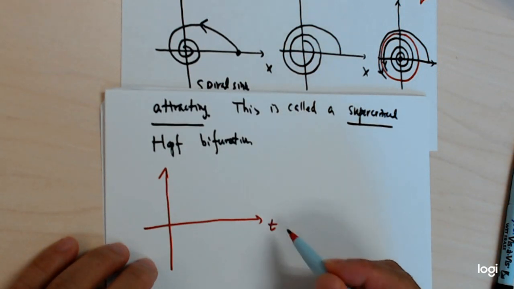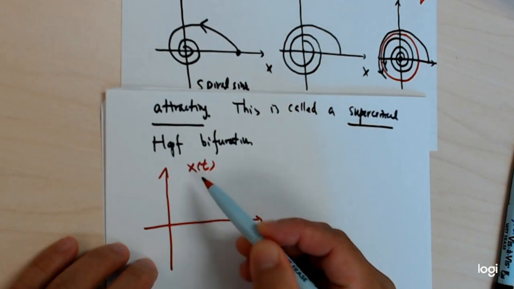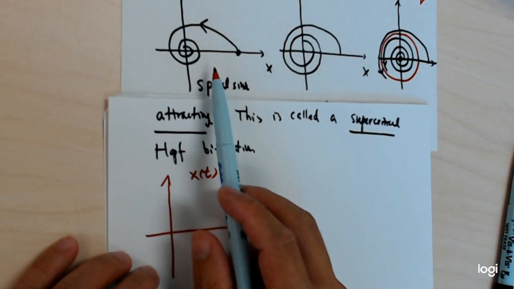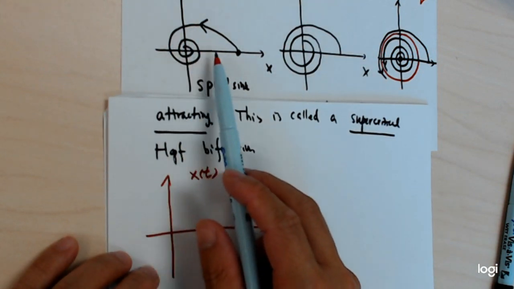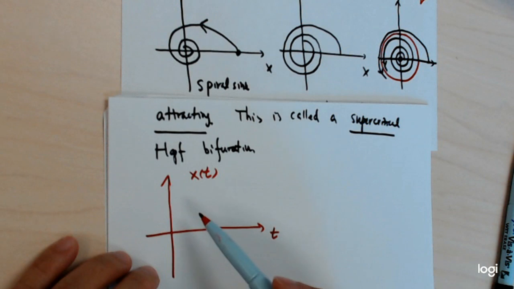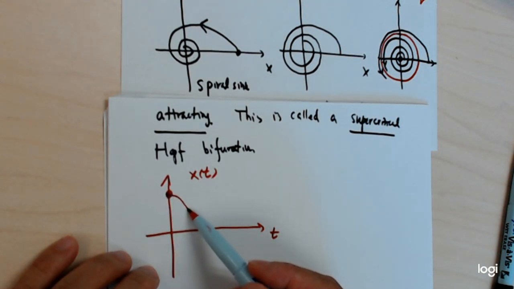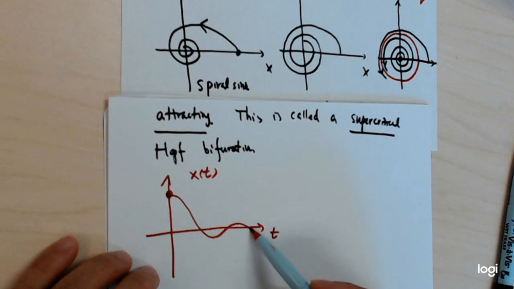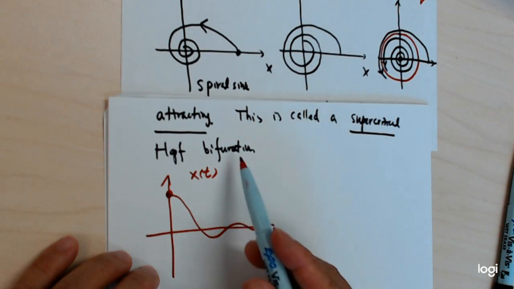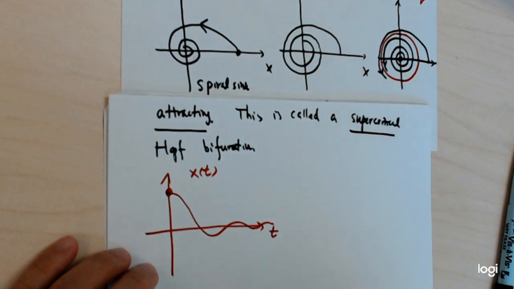So here's the t-axis. Here's the actual solution x of t. When mu is negative, all the solutions become close to zero. So you start somewhere at a higher level, it oscillates, but eventually dies down, getting closer and closer to 0.